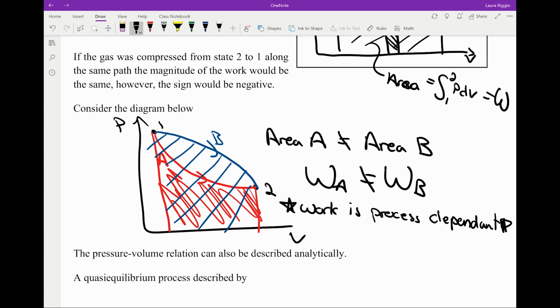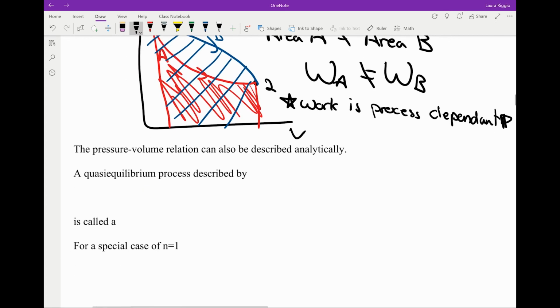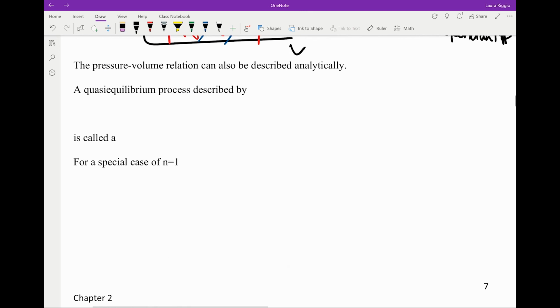The pressure volume relation can also be described analytically. A quasi-equilibrium process described by PV^n equals a constant is called a polytropic process.